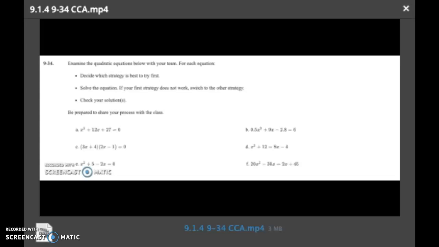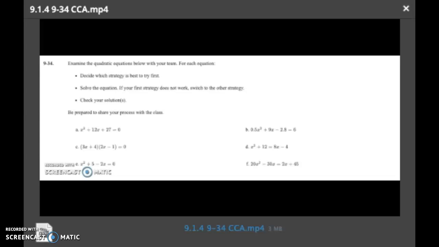So when I'm looking at these equations and I'm trying to decide which to use first, okay, if I have an equation that is already factored, or it has nice numbers that I could easily factor, or it's something that looks factorable, right?